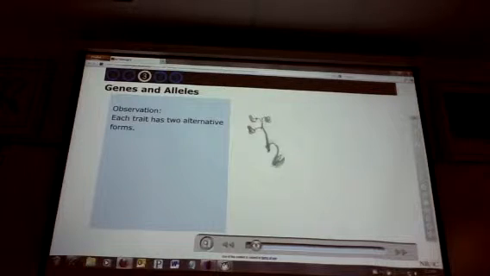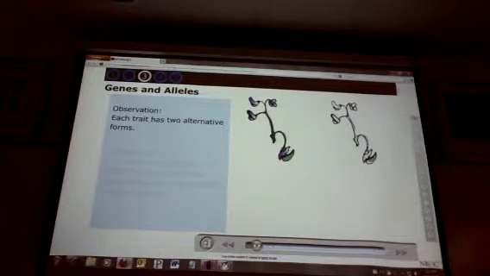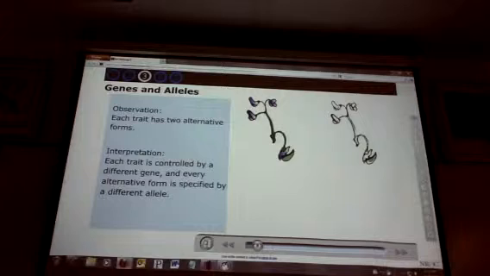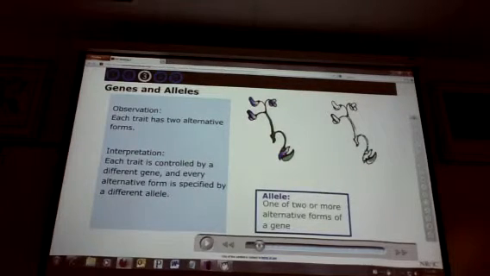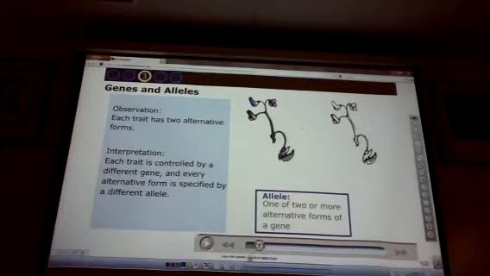For example, purple and white. He proposed that each trait is controlled by a different gene, and that every alternative is specified by a different form of that gene, called an allele. Here is one of your key terms, an allele. What's an allele? It's a different form of a gene. All right? For instance, there is, in this case, 2 alleles.